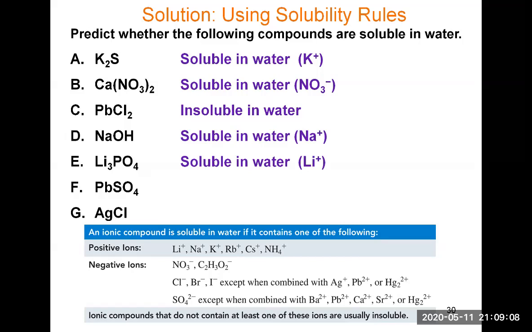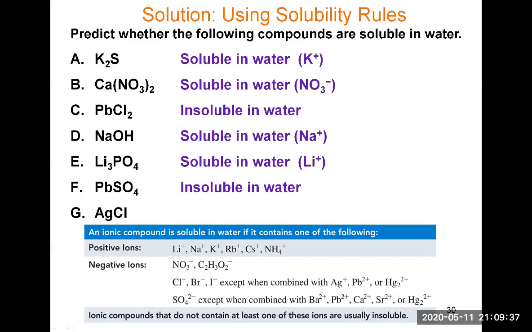And so SO4 2- is making soluble compounds except when combined with barium, lead, calcium, strontium, or mercury. So lead is there. It's in the exceptions. So that means it's not soluble. Sulfates are usually soluble, but not when combined with lead. So that's going to be insoluble in water.